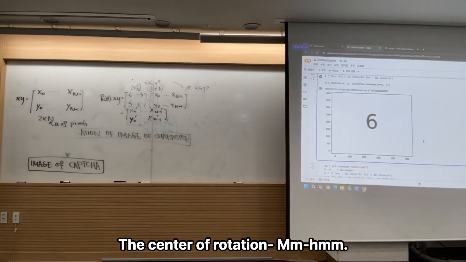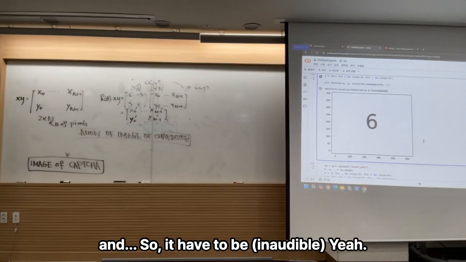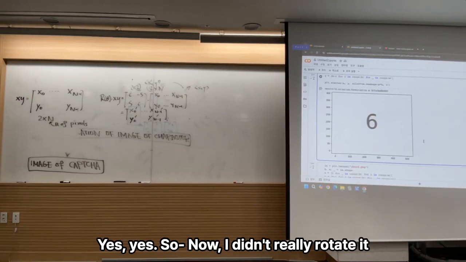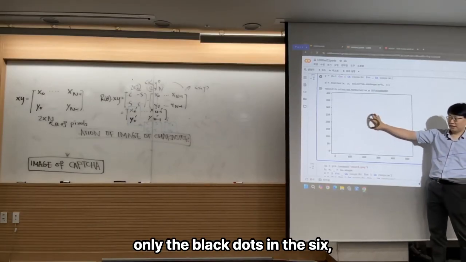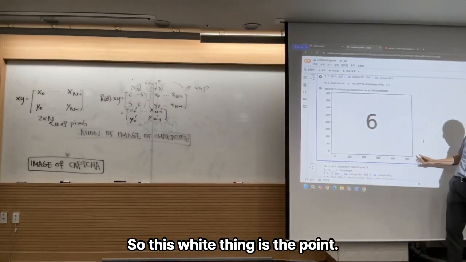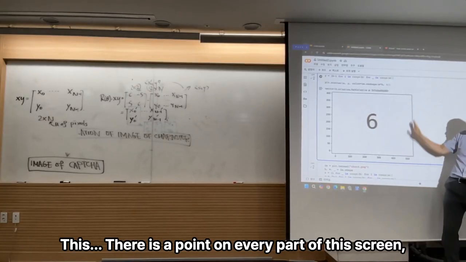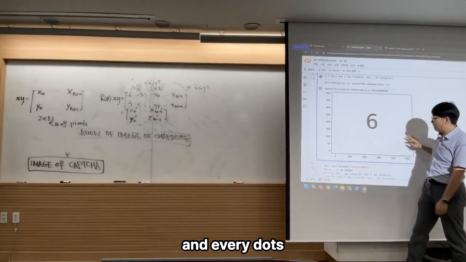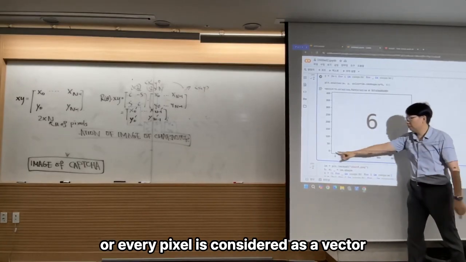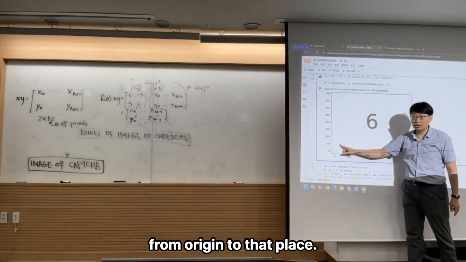Center of rotation. Mm-hmm. Origin. Yes, the center of rotation is the origin. So I didn't really rotate only the black dots in the 6. I rotated everything. This white thing is the point. There is a point on every part of this screen, and every pixel is considered a vector from origin to that place.